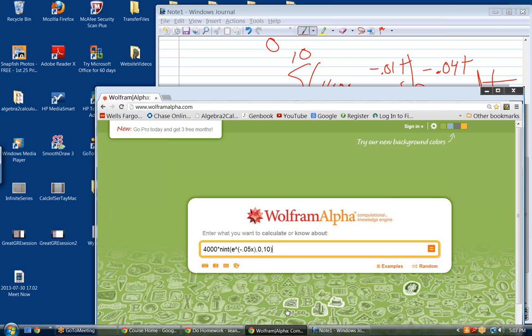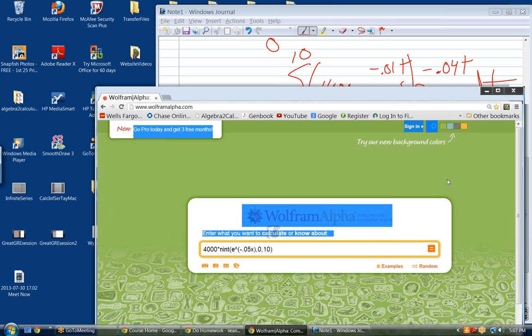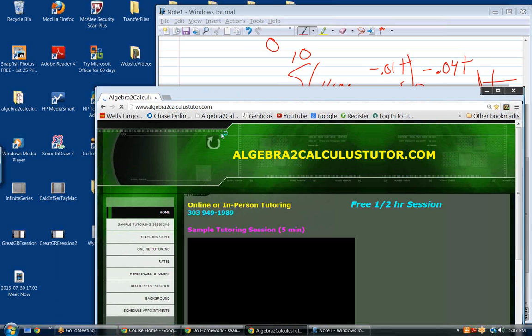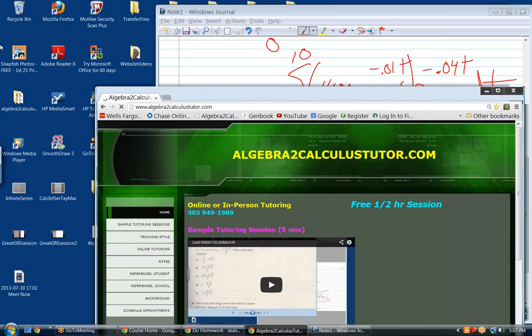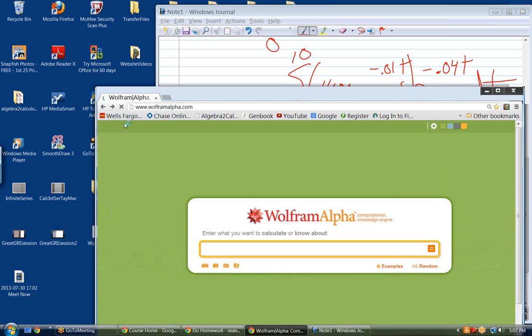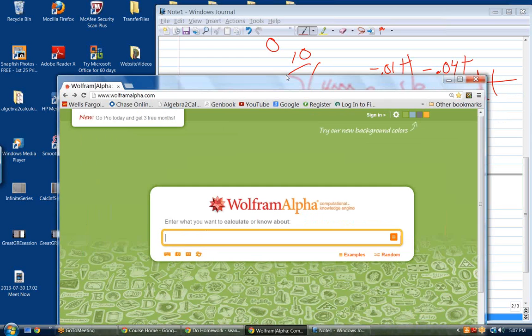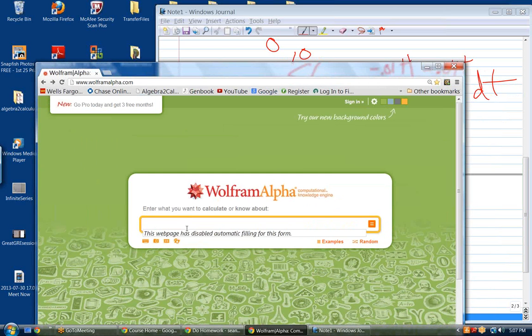Now, if you're using the nth from a calculator, then you need... Wow. Hold on. Put my mouse away here. What in the world is going on with my computer? It does this every now and then. I woke up in the middle of the night, 2 a.m. last night, and my computer had started playing one of my recordings.